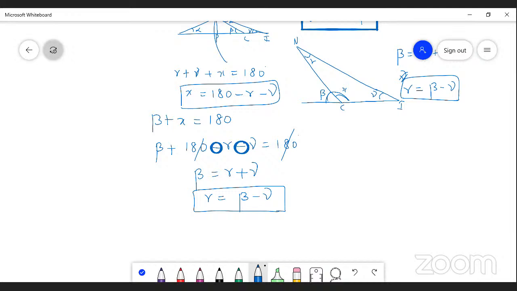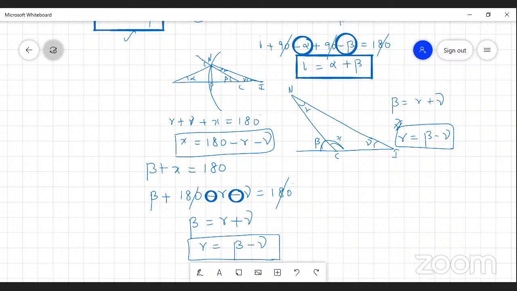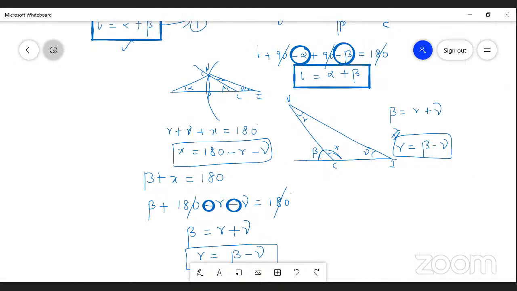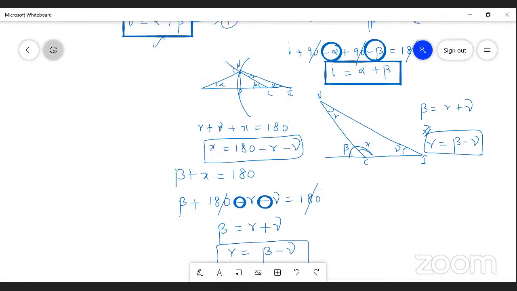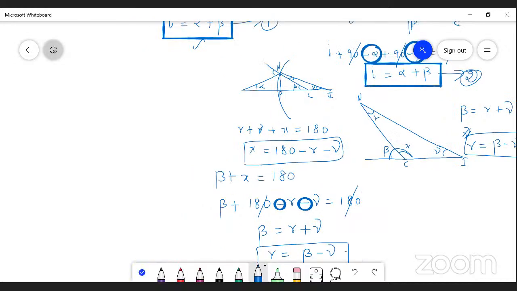What is the I value? The I value is equal to alpha plus beta. This is equation number 2. What is the r value? Beta minus gamma. This is equation number 3.